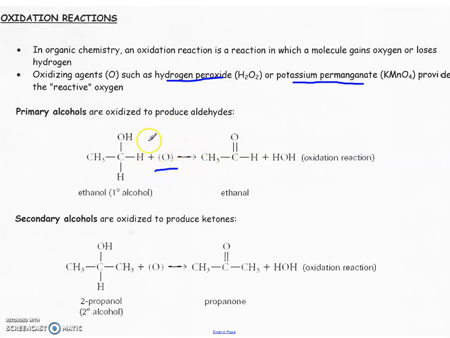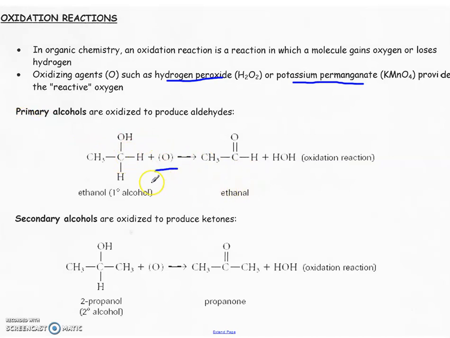It will always have this symbol representing a reactive oxygen that is coming from one of those 2 substances. When you're doing this, you're not writing that out, but it's assumed that it's coming from a reactive oxygen source. Now, is it only these 2 that are possible? No, there are many different types of oxidizing agents, but really all you need to know is that you're adding a reactive oxygen.